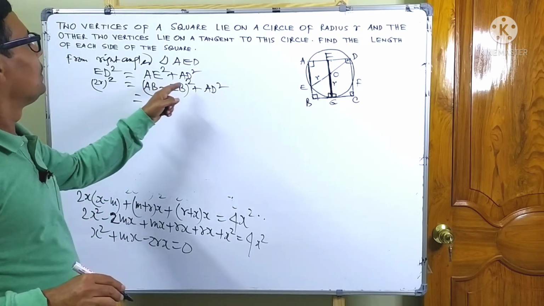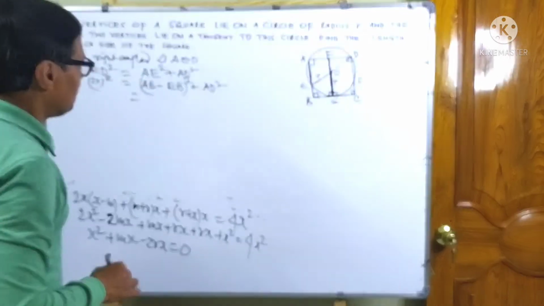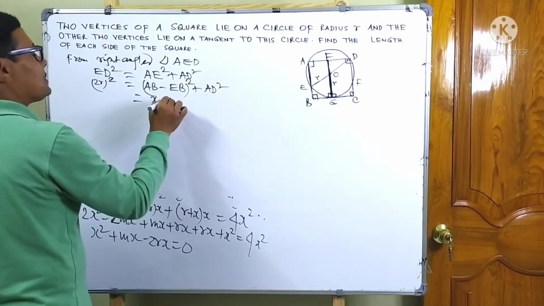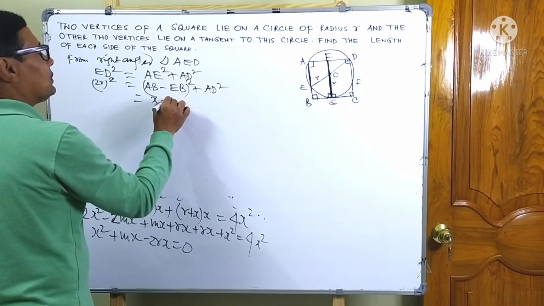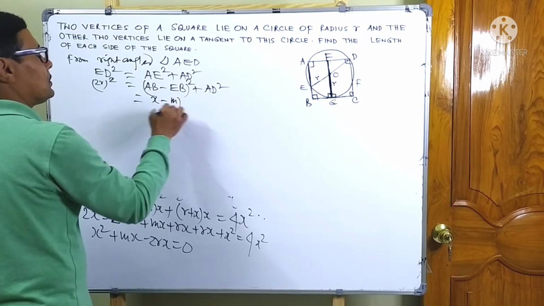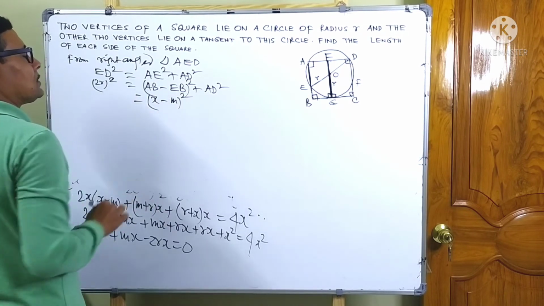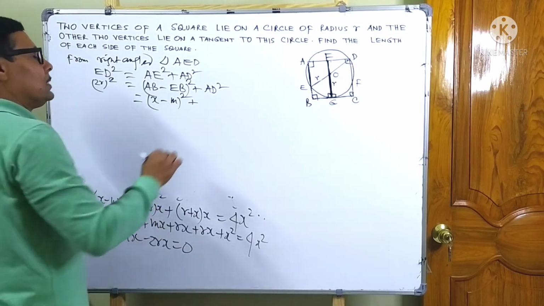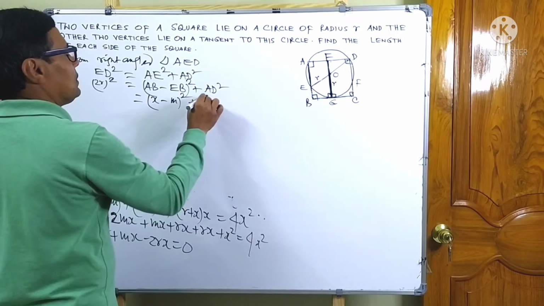AB and AD are equal to x, because the length of each side of the square is taken as x. So, AB is equal to x minus EB, and EB is taken as m. So, this is (x minus m) square plus AD, which is also x square.